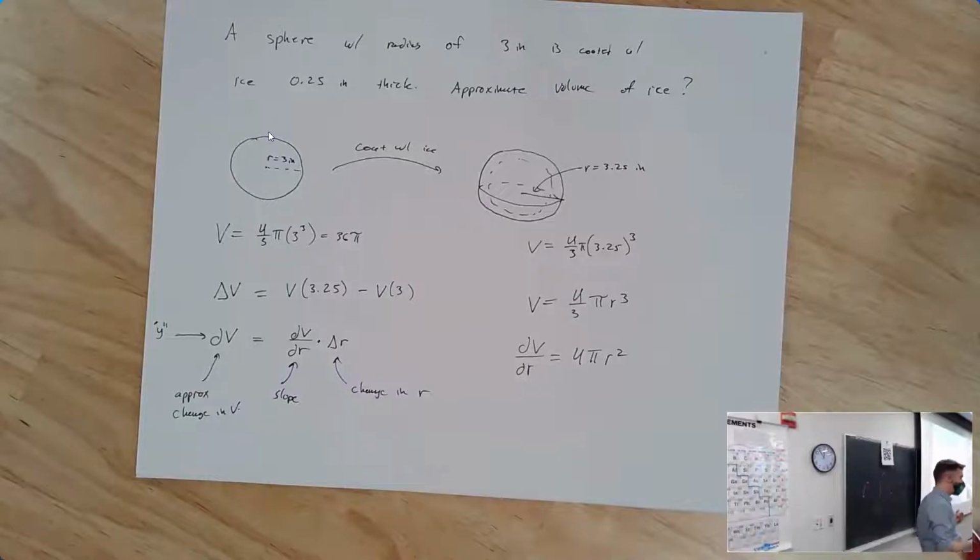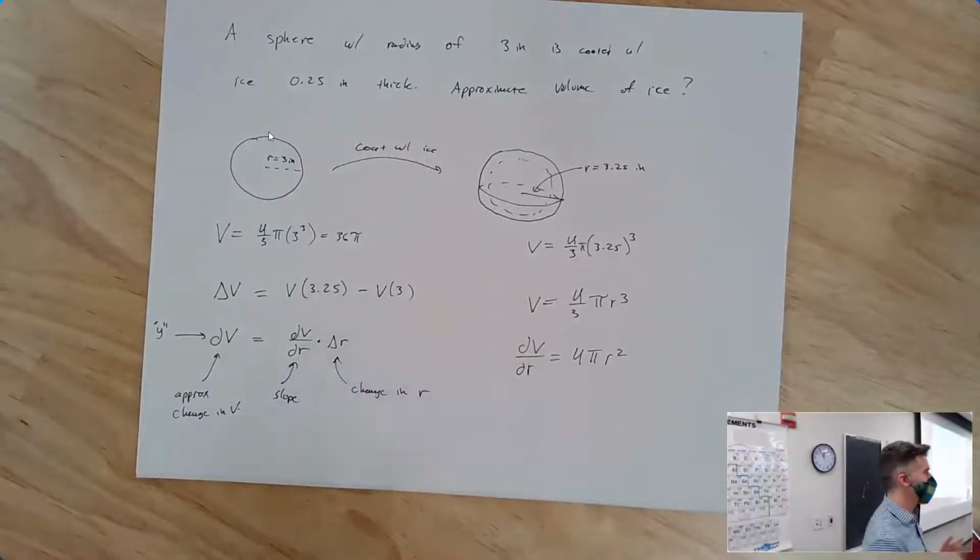And the volume of a sphere is 4/3 pi r cubed, and the derivative of that is 4 pi r squared, which is the surface area. It's not true for other shapes, but it is interestingly true for circles and spheres. There's probably a good reason for that. It probably has to do with the fact that with a sphere you get the most volume for the amount of surface area you're using, and with a circle you get the most area for the amount of circumference you're using. It probably has to do with that, but I don't actually know why.